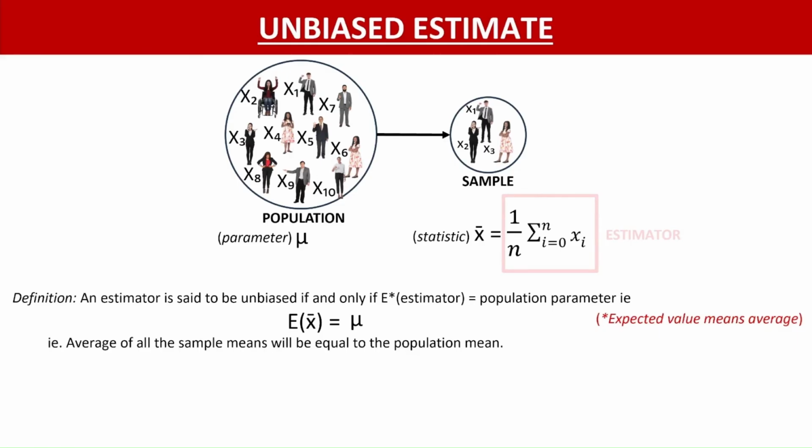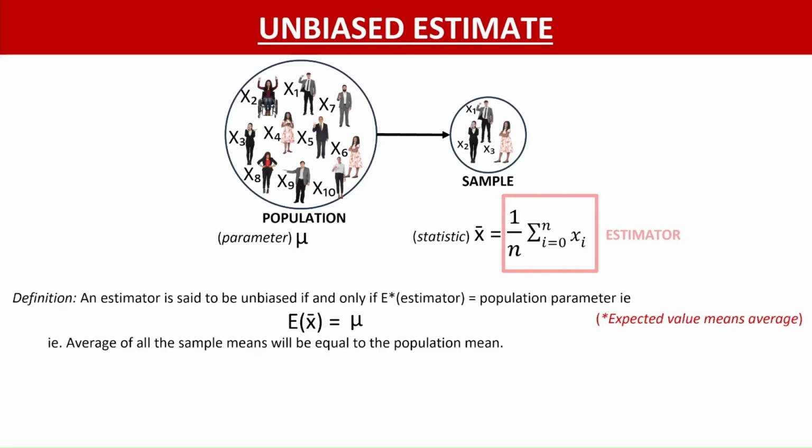So now this expected value of the sample mean, the average of all the sample means, will be equal to the population mean. See, we are not going to take only one sample. We are going to take a number of samples from this population, and each sample will have a different sample mean. So when we take an average of all the sample means, we will get the expected sample mean. And for an unbiased estimate, this expected sample mean will be equal to the population mean.